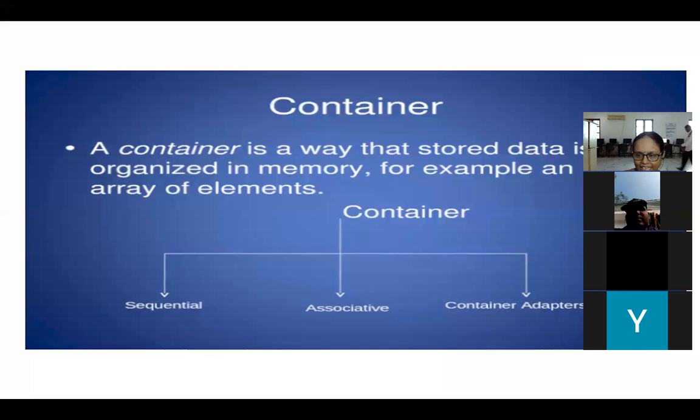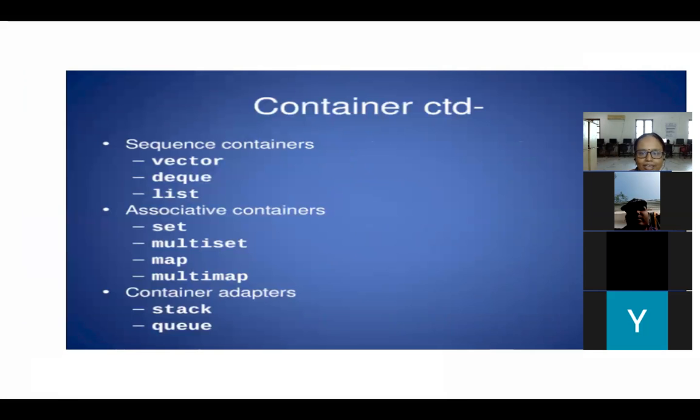So container will hold the data. Don't forget, iterators will access the data, and algorithms will manipulate the data. Now, for all these containers, we have this option. Why did I tell you vector first? The purpose you have to see well.